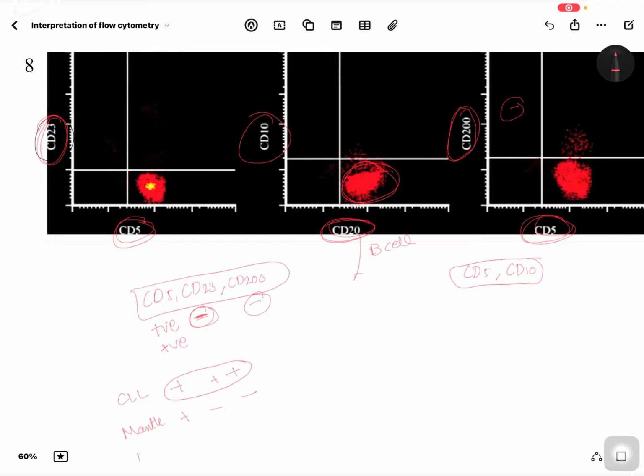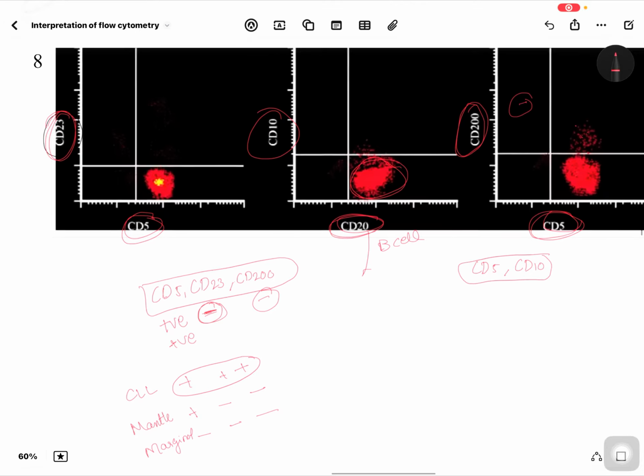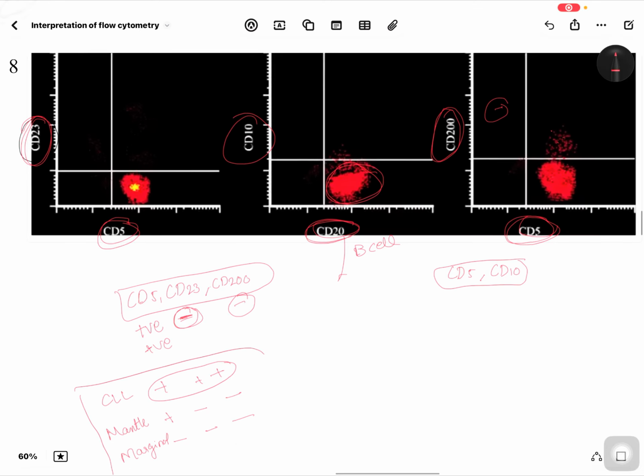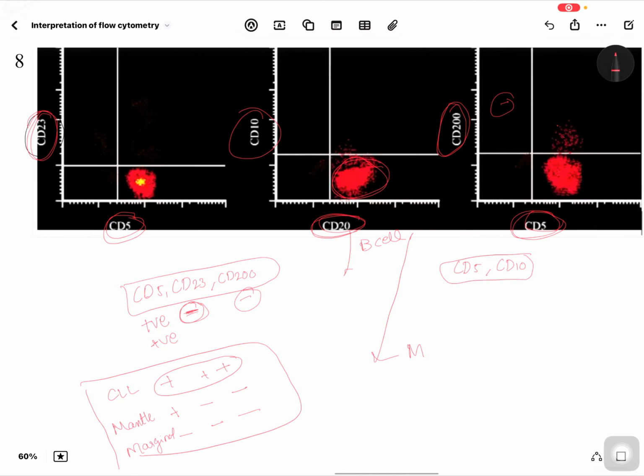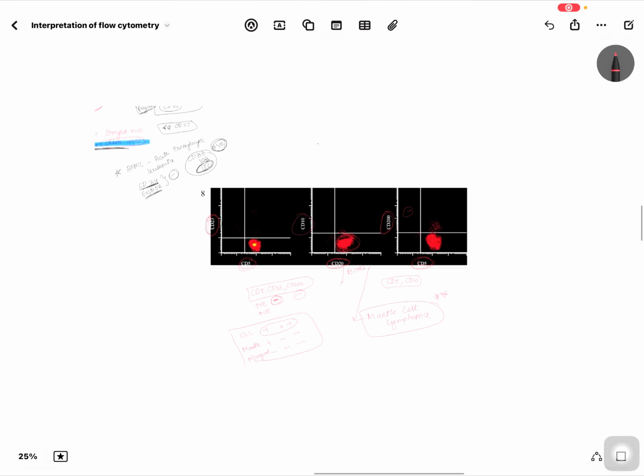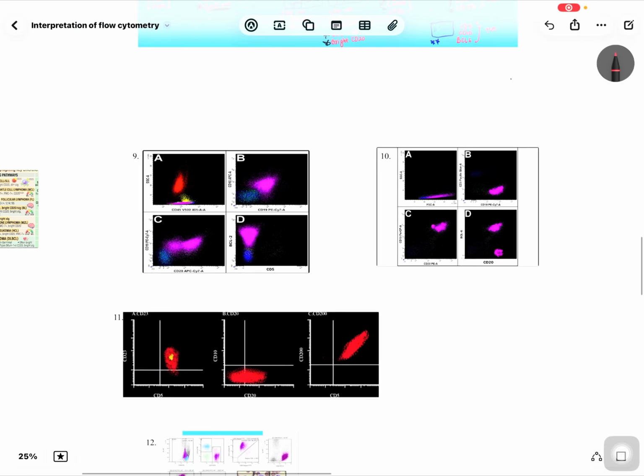Okay, and if CD5 is negative, CD23 is negative and CD200 is negative, this becomes marginal zone lymphoma. Understood? So this is cheat code 1. So what is the answer for this? Yes, this is mantle cell lymphoma. Understood? Most important example. Okay, now let's go to the next one.